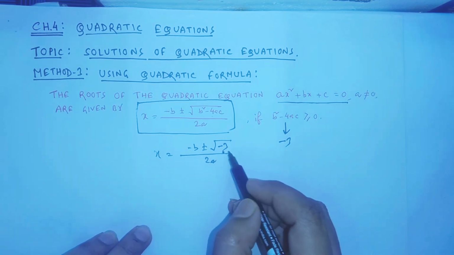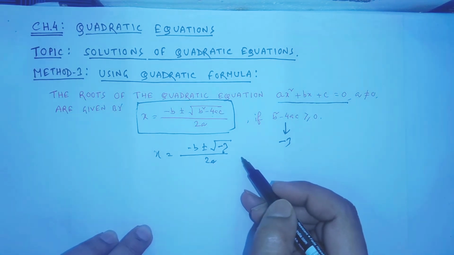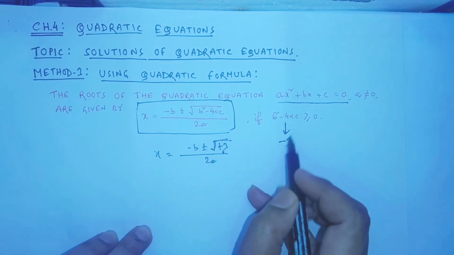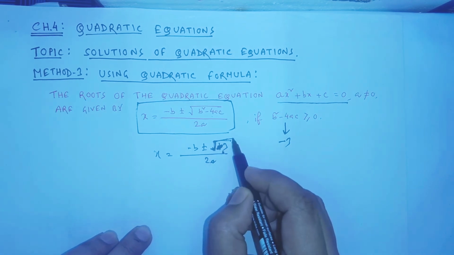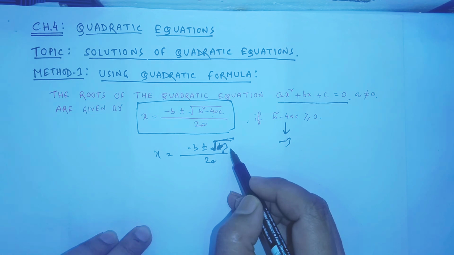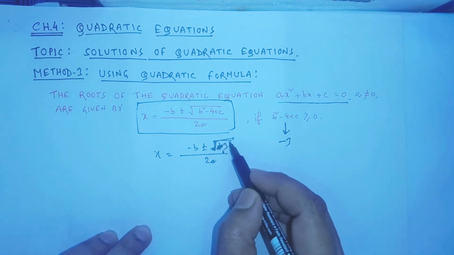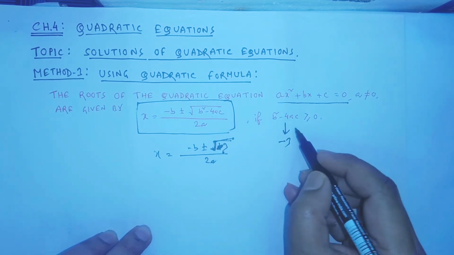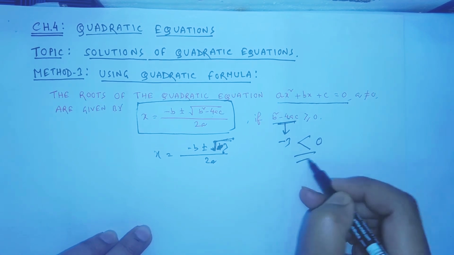All real numbers, rational and irrational, have a plus sign under the square root, but in this situation you will get a minus 3, which is an imaginary number. Imaginary is not real, so we say the real root does not exist. Real roots will not exist if b square minus 4ac is less than 0.